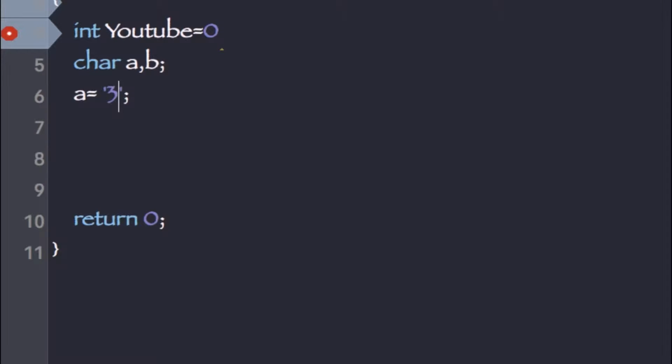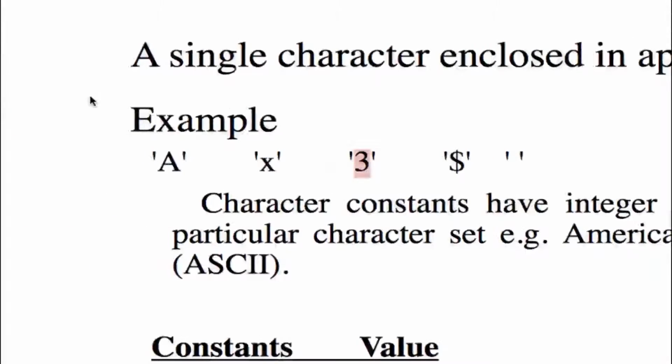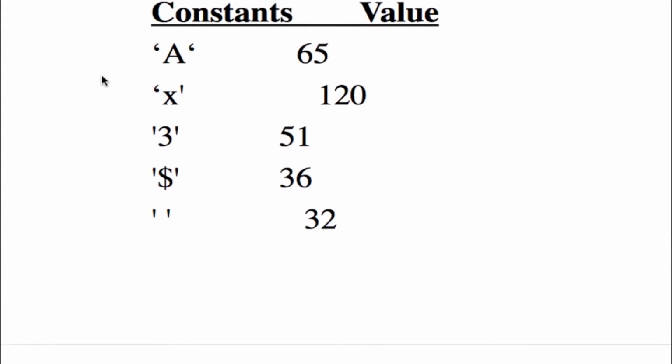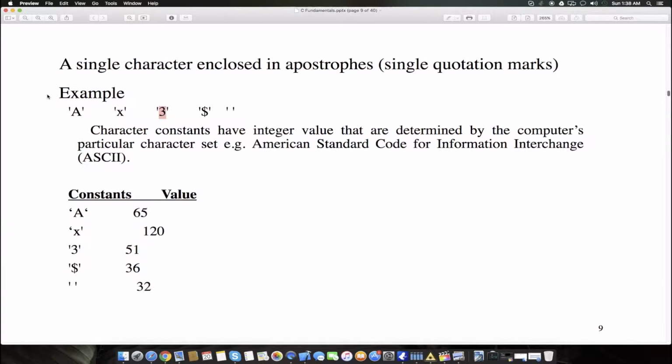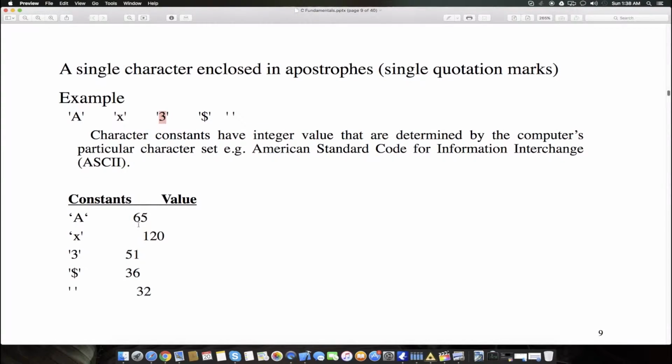So it won't give an error, but if you write 3A, it will give you an error. So this means that anything within single quotation marks, a single letter or a single digit, not more than that, will be a character.